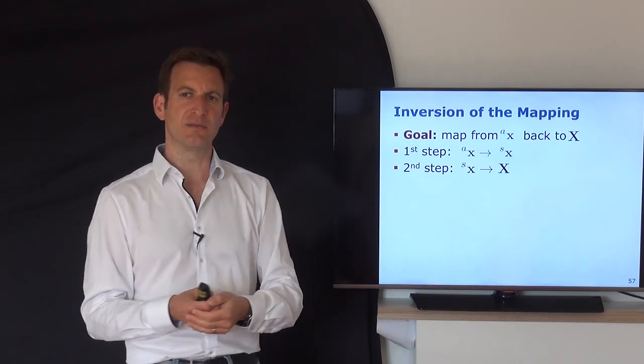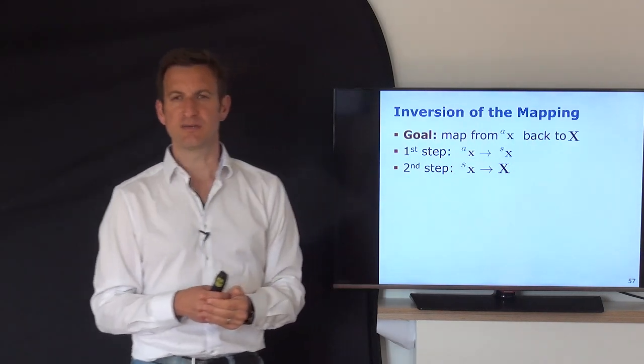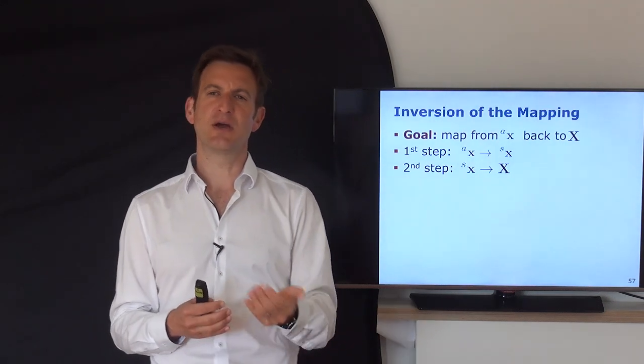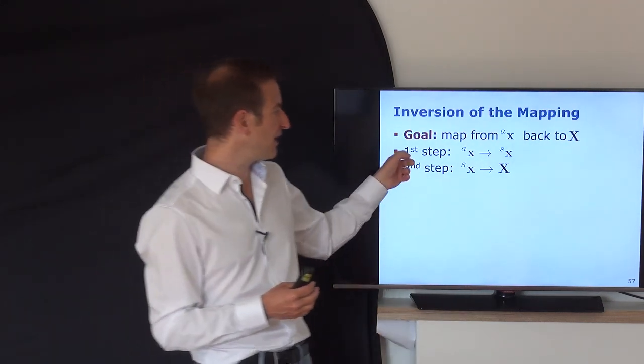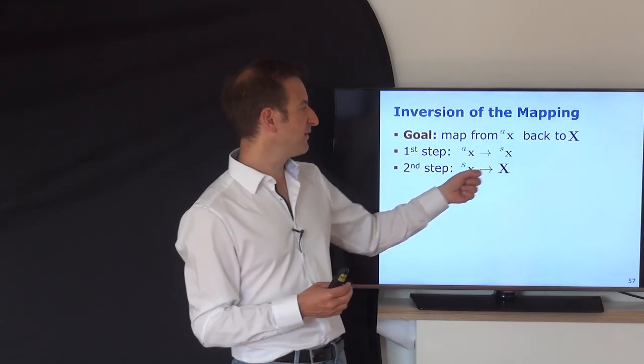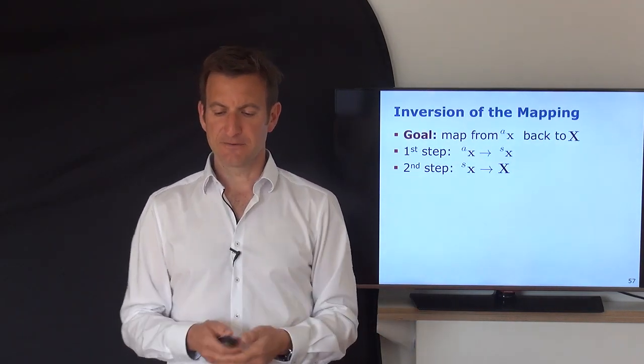And this is also very valuable information. So in the end, we can combine multiple images to actually get information about X. So again, as we did before, a two-step procedure: the first step is to map back to the sensor frame, and then from the sensor frame back to the 3D world. Okay? So that's what we're going to do.